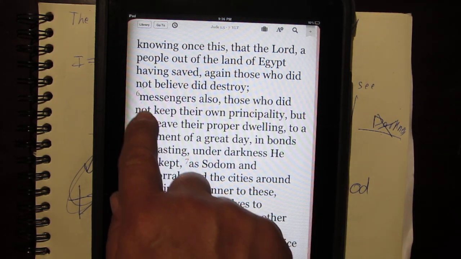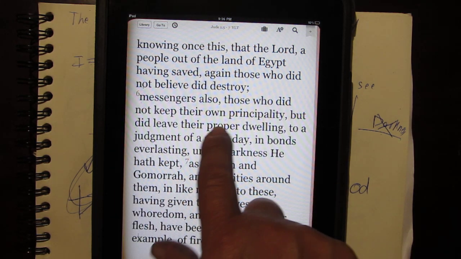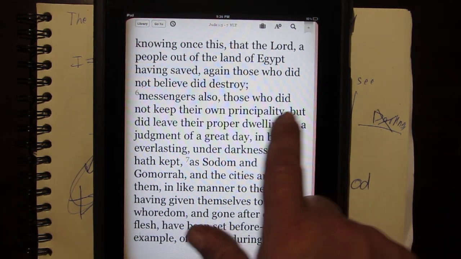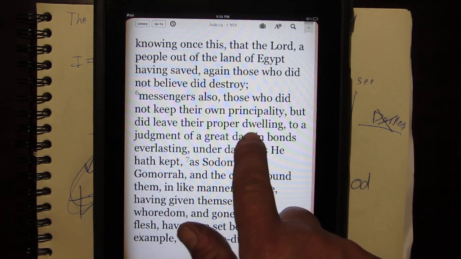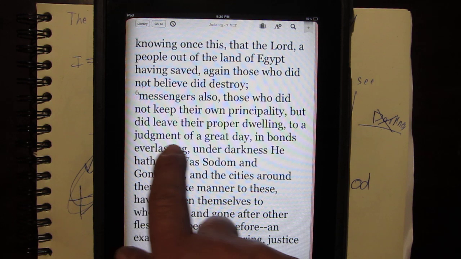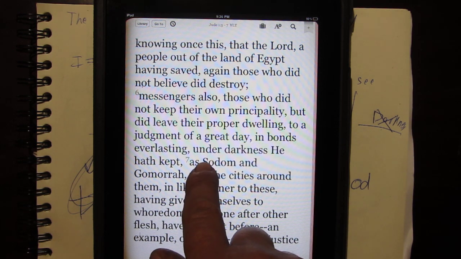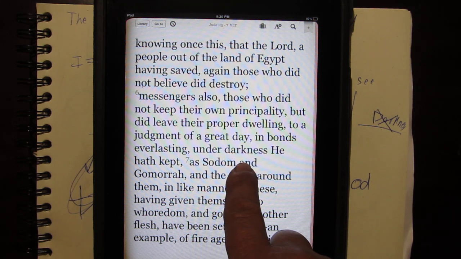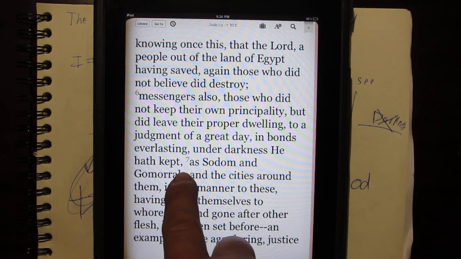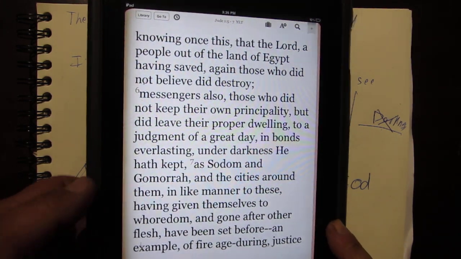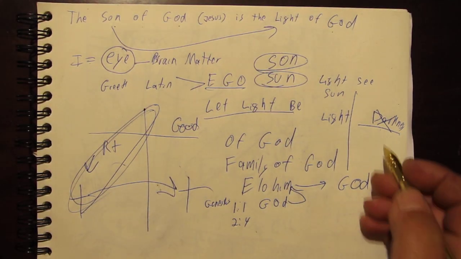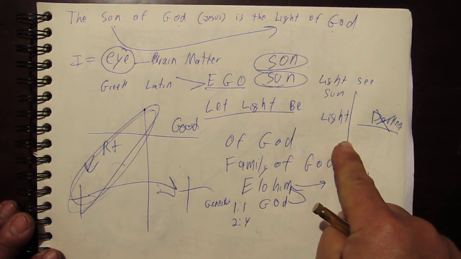Jude 6: Messengers also, those who did not keep their own principality, but did leave the proper dwelling of the light, to a judgment of a great day in bonds everlasting, under darkness he hath kept. They are kept in darkness. They do not come to the light.